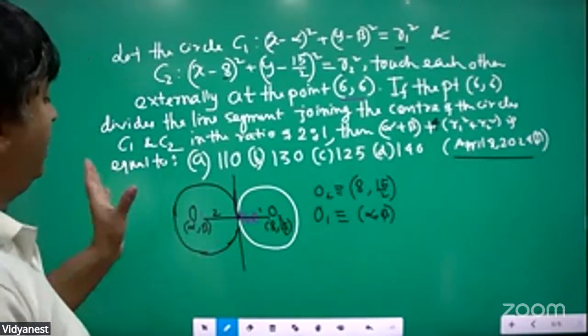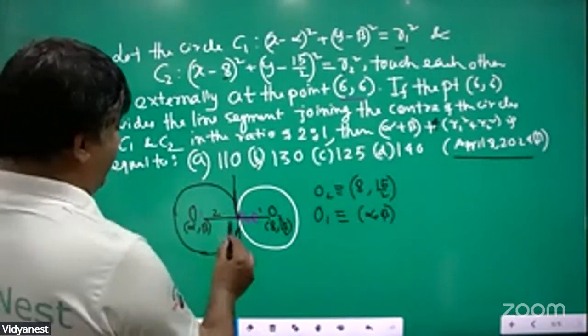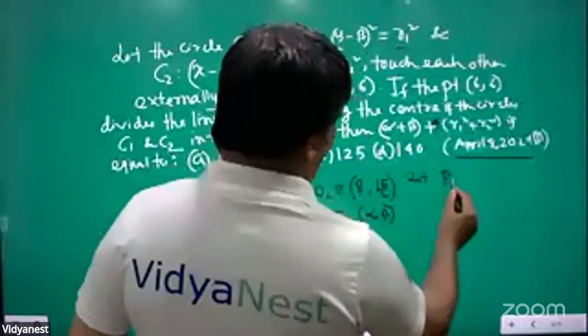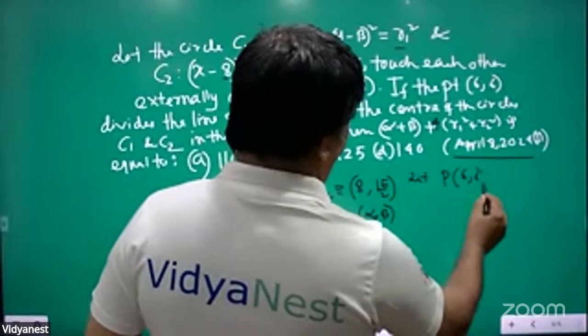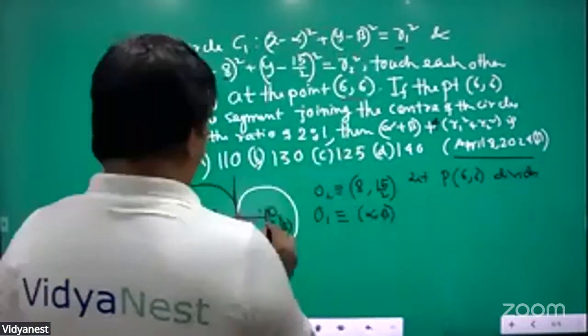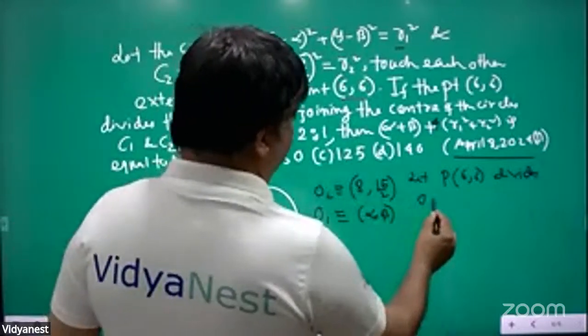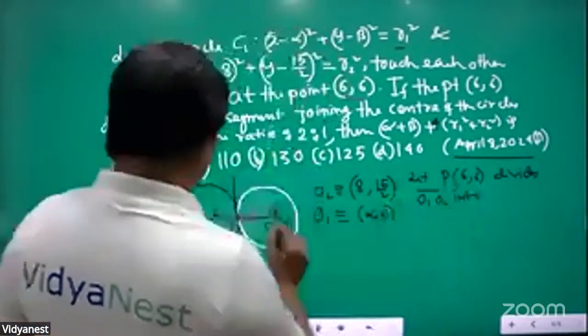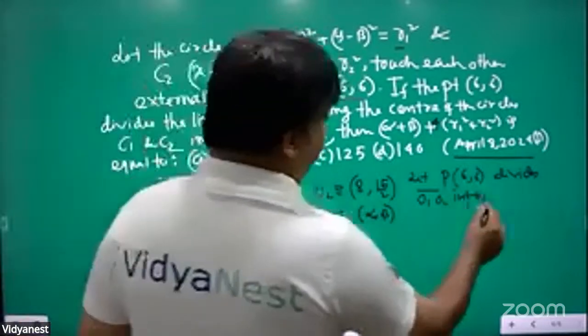By the section ratio formula, let this point be P. Let P divide O1O2 in the ratio 2:1.